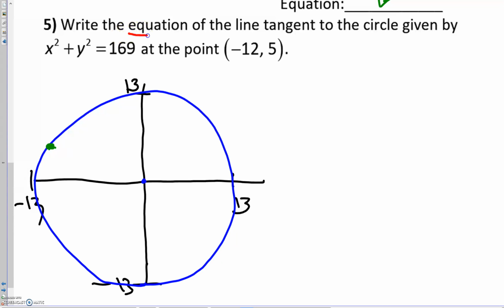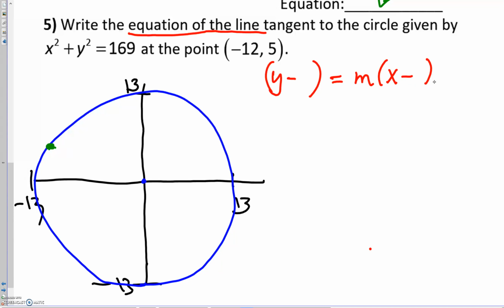So recall that to write the equation of a line, you fill in your formula: y minus your y value is equal to the slope times x minus your x value. So no squares on these. So my equation of a line looks something like this.